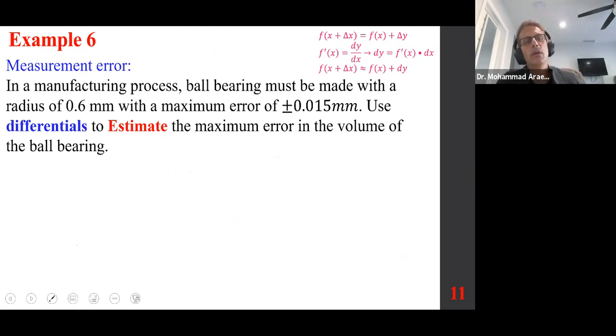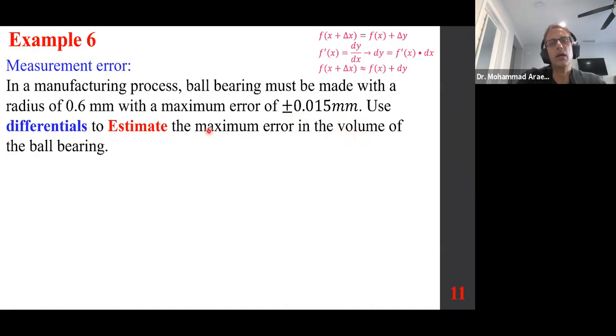In a manufacturing process, we are interested in the following. A ball bearing must be made with a radius of 0.6 millimeters, with a maximum error of 0.015 millimeters. I'm going to use differentials to estimate the maximum error in what?